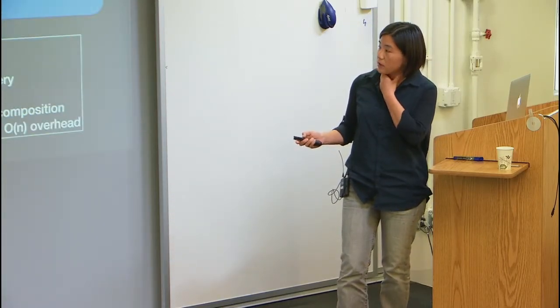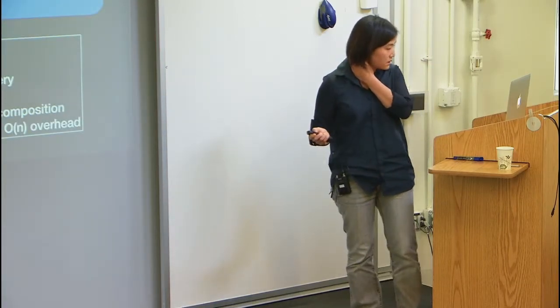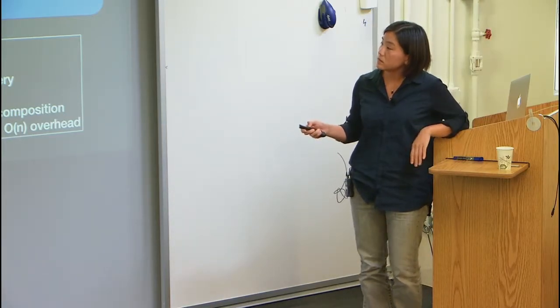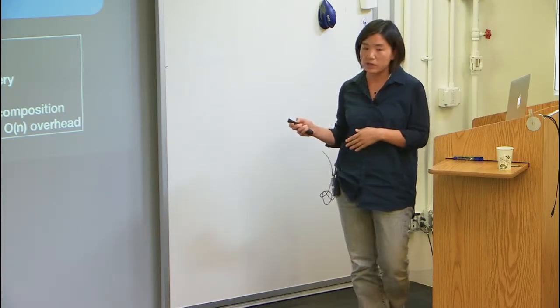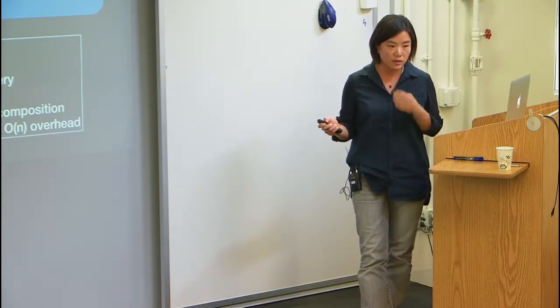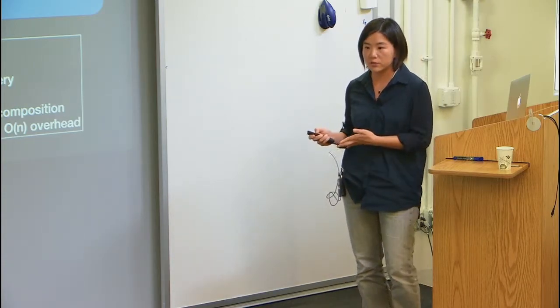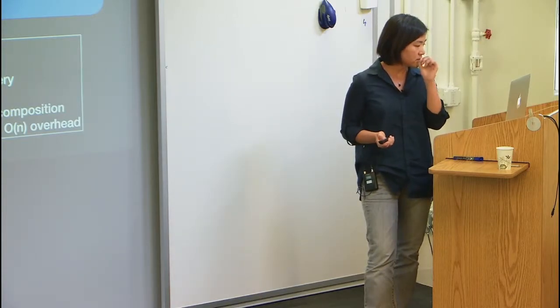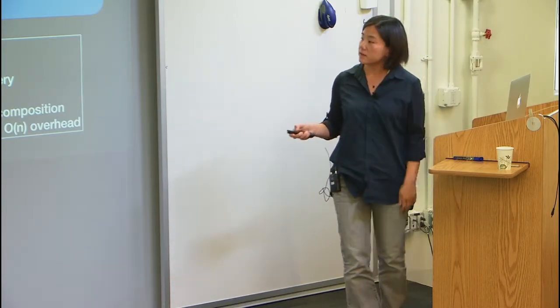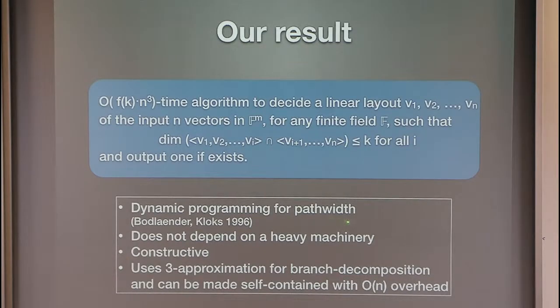So this is the state, and our result says that there is a cubic time algorithm to decide whether a linear layout of order at most K exists or not, and if it exists, then you can actually produce a linear layout. And this algorithm is kind of an extension of the dynamic programming algorithm which computes pathwidth for graphs.